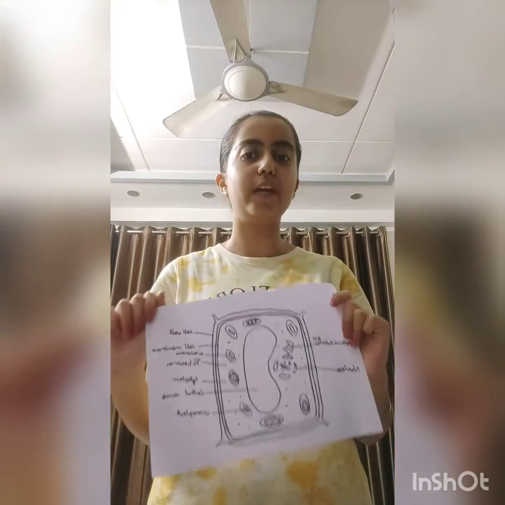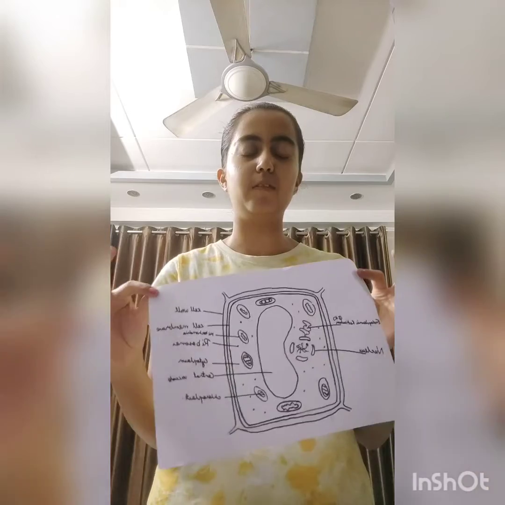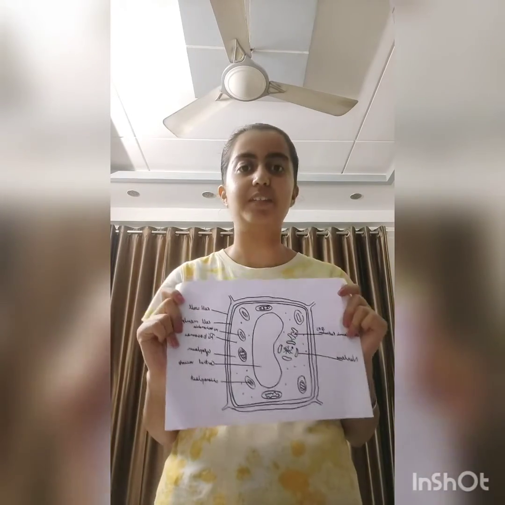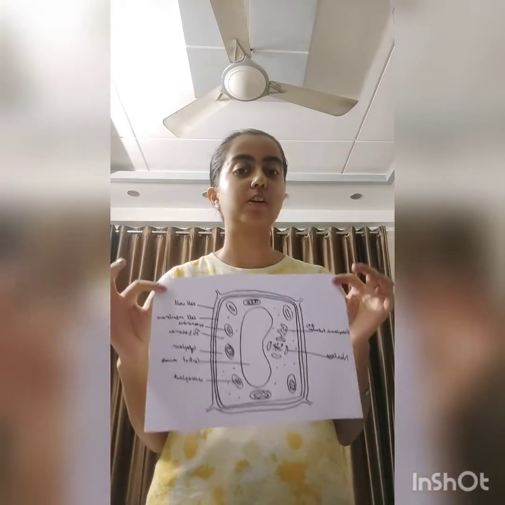If you keep any fungi cell or bacteria cell in a hypotonic solution, it will burst out. Yes, isn't it amazing? But if you keep a plant cell in a hypotonic solution, it will not burst out.